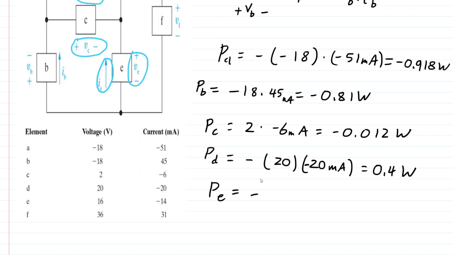So let's see, minus, and we have 16 volts dropped across it, and 14 milliamps flowing through it. That's an M, not an N. Which will end up being 224 milliwatts.